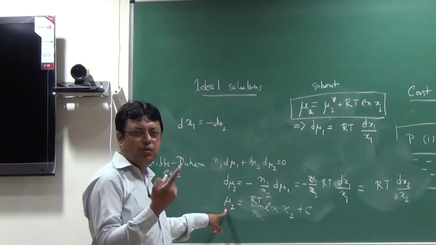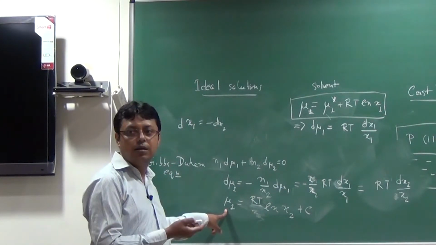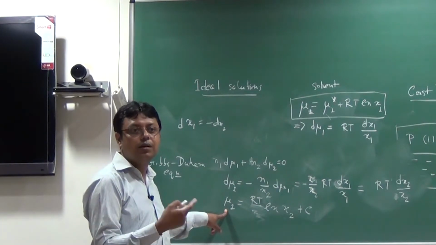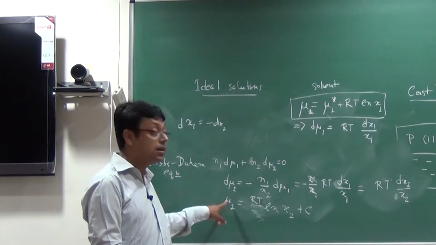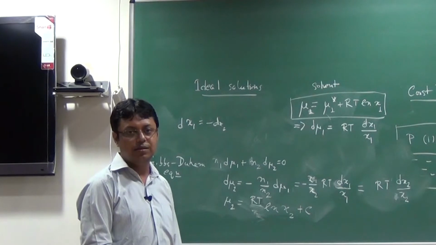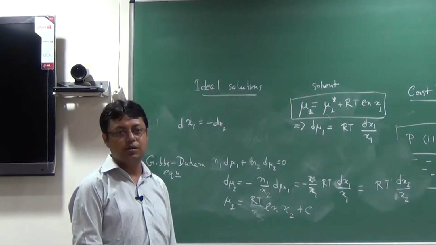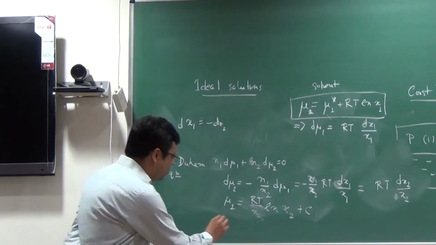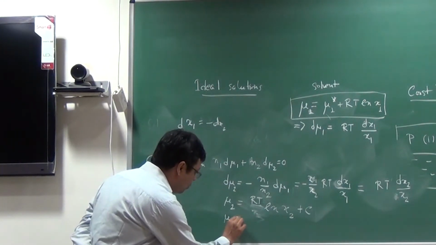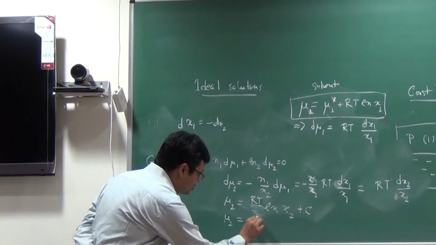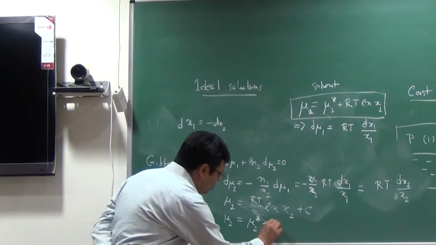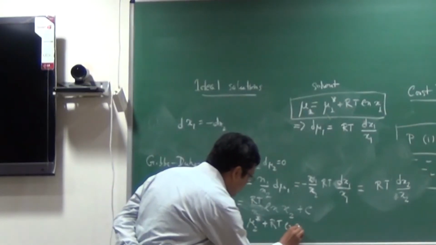But x2 equal to 1 means pure solute, that is basically mu2 star, something like we just did. So this constant is nothing but mu2 star. Ultimately what we get is mu2 is equal to mu2 star plus RT ln x2.